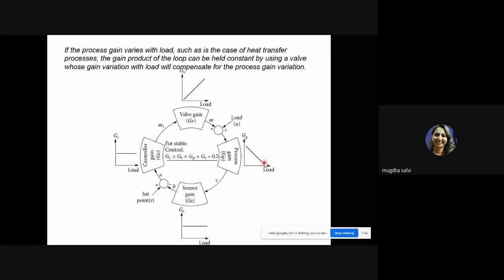Then to compensate for this inversely proportional gain, for the valve we require it to be directly proportional. Now in CSC, all of you have studied valve characteristics and you have studied different types of valves, the basic three types of valves. Okay. Out of that, which one has this type of characteristic? Can anybody tell me?